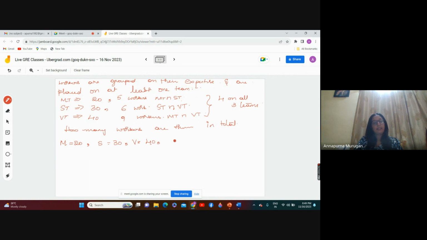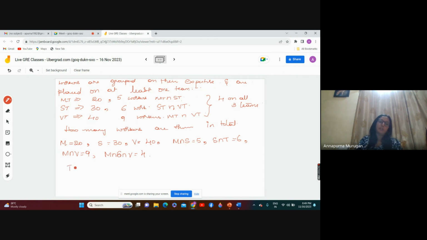Then I can take M intersection S as 5, S intersection V is 6, and M intersection V is 9. And in all the teams we have M intersection S intersection V, how many? 4 people.